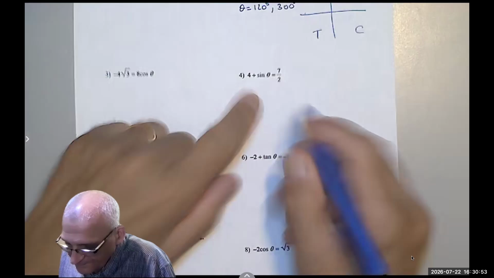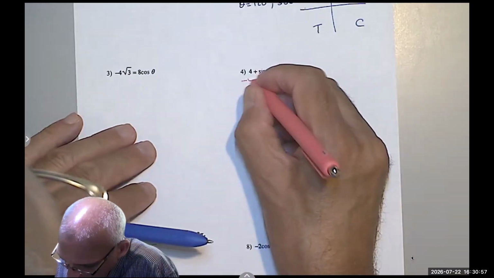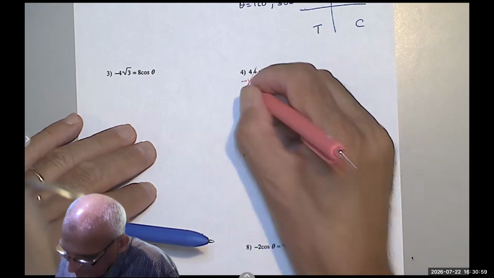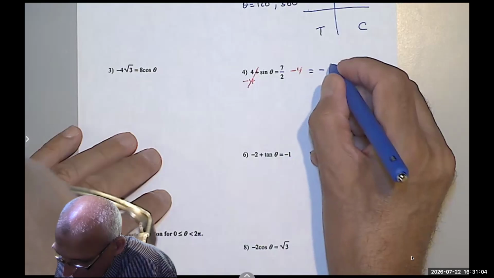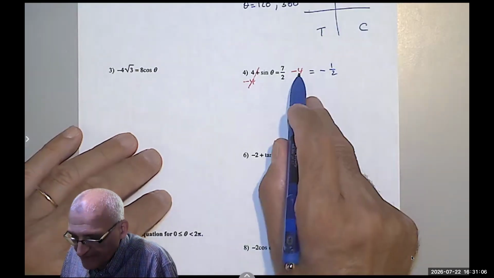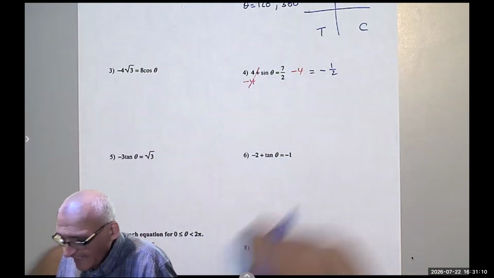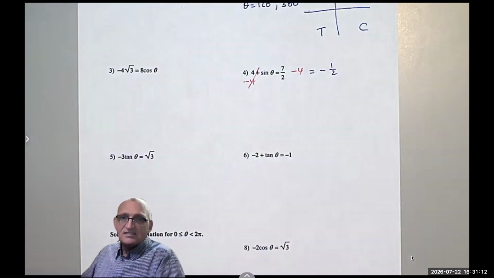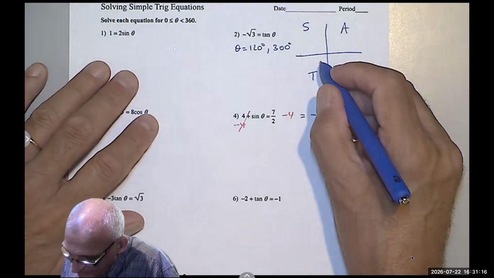This one, I'm going to subtract 4 from both sides. So I get sine theta equals negative 1/2, because 4 is 8/2, and 7 minus 8 over 2 is negative 1 over 2. I know that sine 30 is 1/2, but that's negative, meaning it's either in the third or the fourth.